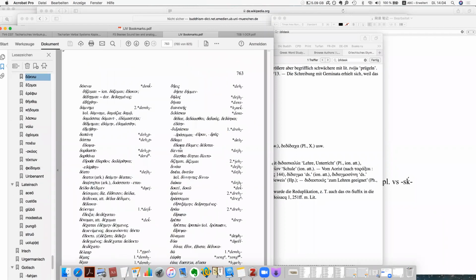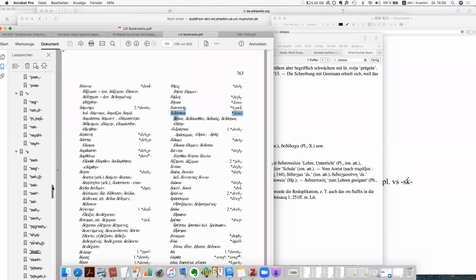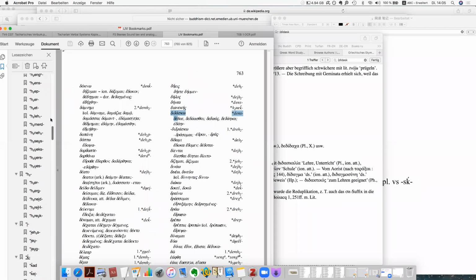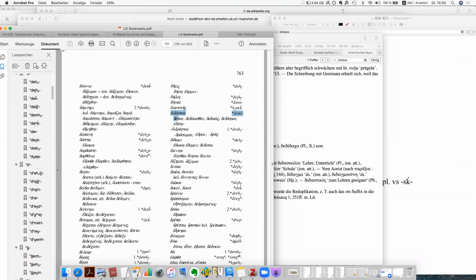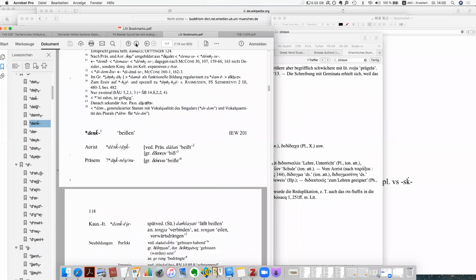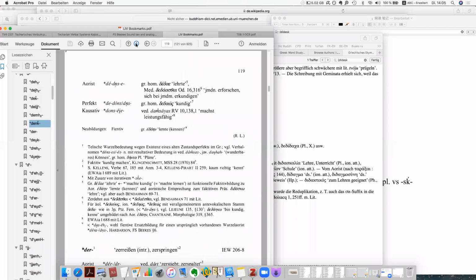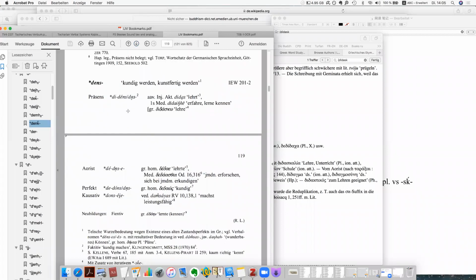Didasko is here and the root is called dens, right? Then let's move back to dens. Yes, this is the root. So the root is called dens.